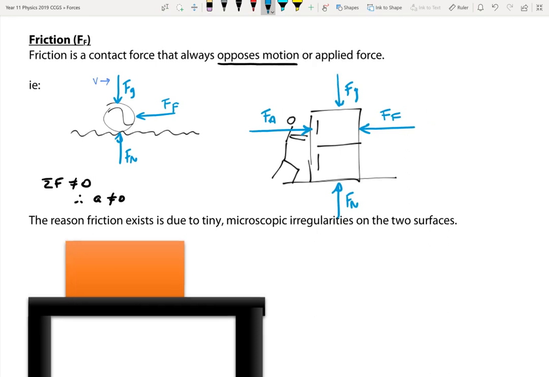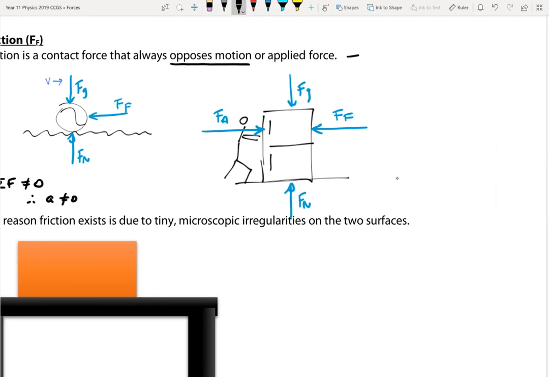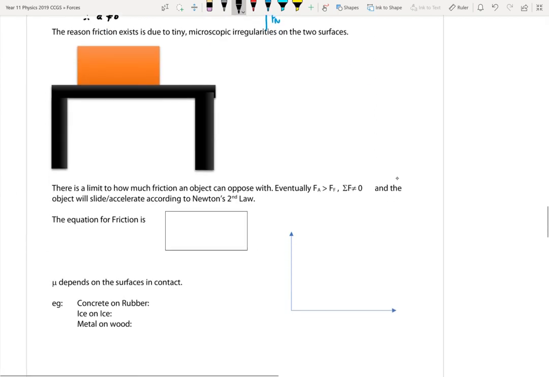And then we could say that maybe this guy is in equilibrium, that the vertical forces are balanced. The fridge is not accelerating up into the sky or down through the floor. And in horizontal components, they're also balanced. So the fridge is not accelerating left or right. So this could be an example of equilibrium.